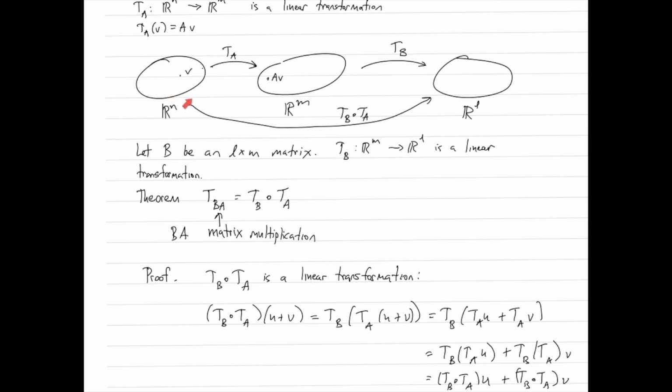And the composite is denoted by T sub A composed with T sub B. And okay, so the theorem is that this composite map from Rn to Rl is equal to the transformation given by the matrix multiplication of these two matrices, B and A.